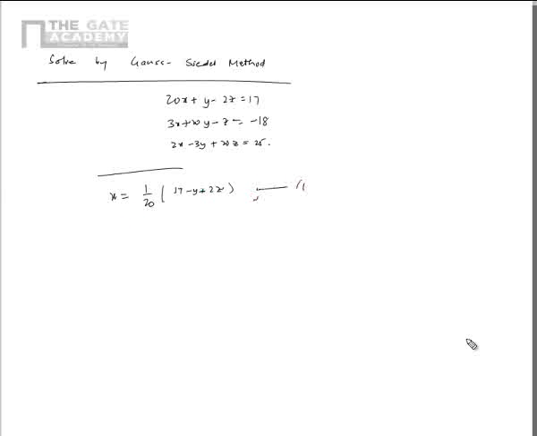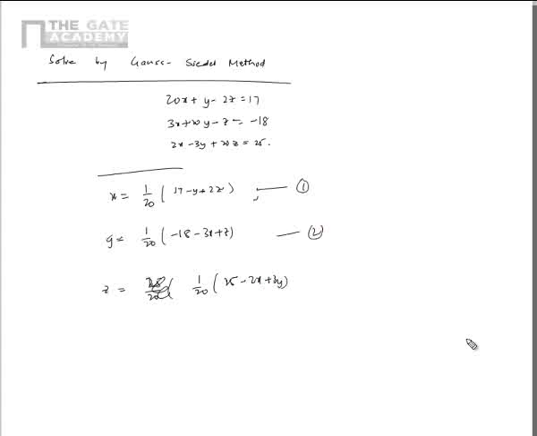Let me call this 1. The second equation is y is equal to 1 by 20 into minus 18 minus 3x plus z, and z is equal to 1 by 20 into 25 minus 2x plus 3y.